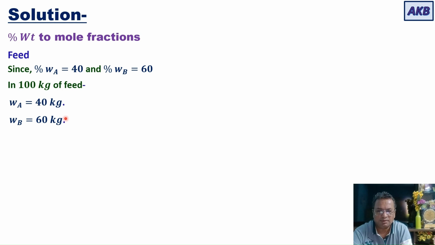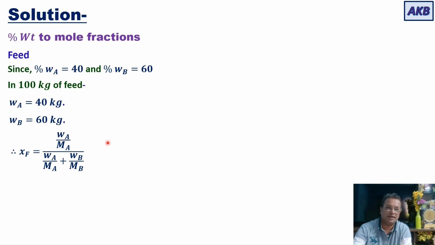That means I can use this information to get the mole fraction of A in the feed, which we denote by XF. You remember A is the more volatile component, which is benzene in this case. So how is the mole fraction calculated?